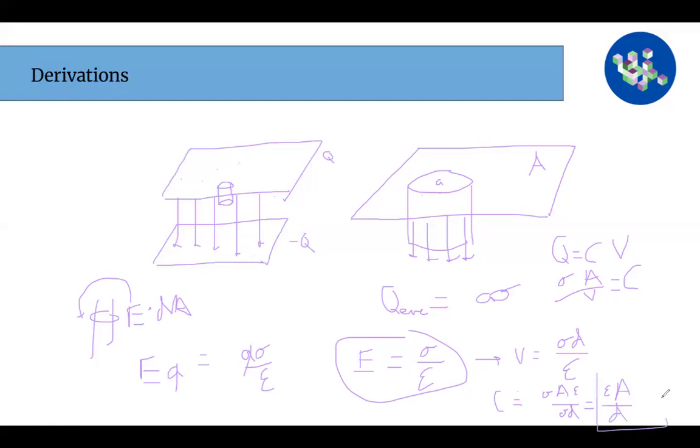That is how you find the capacitance of a parallel plate capacitor.